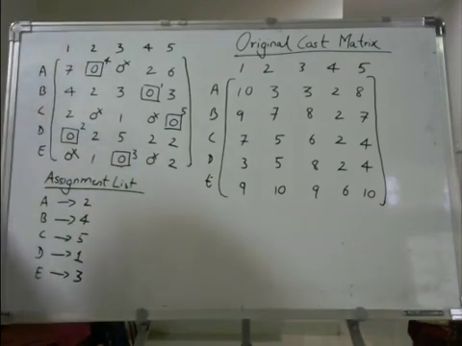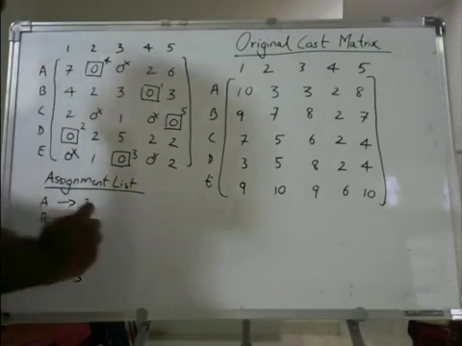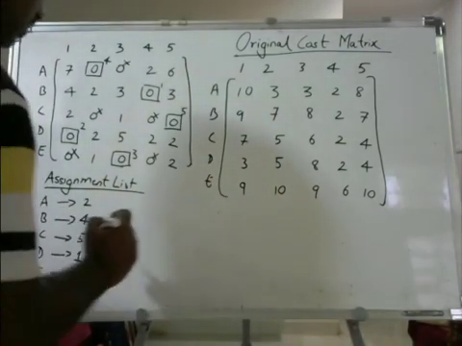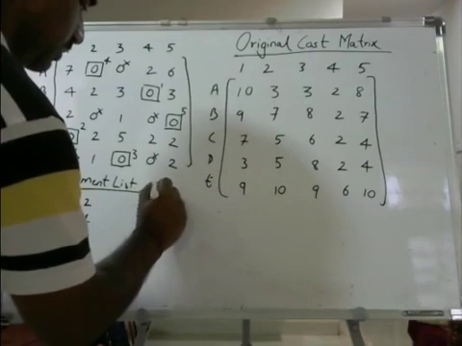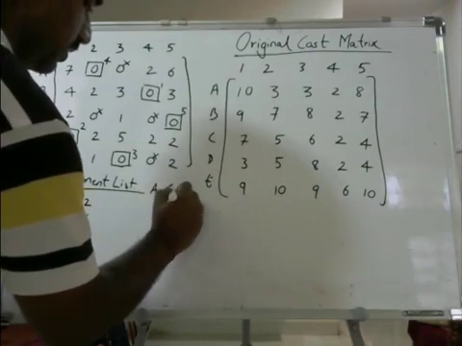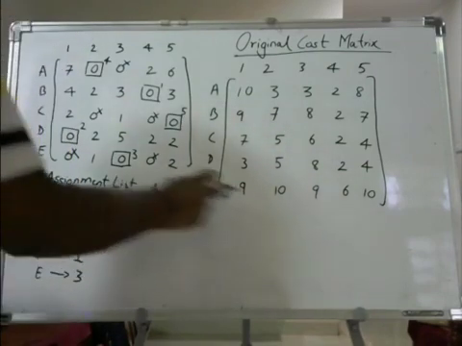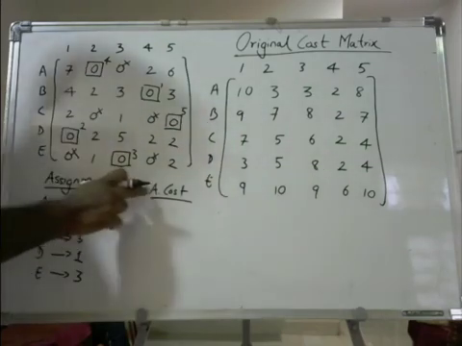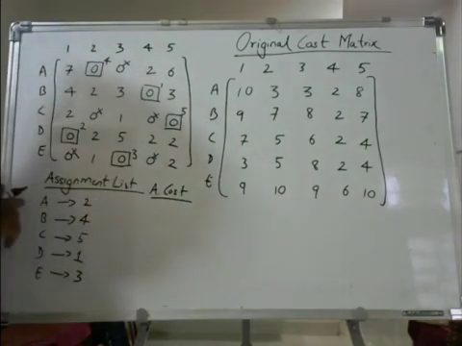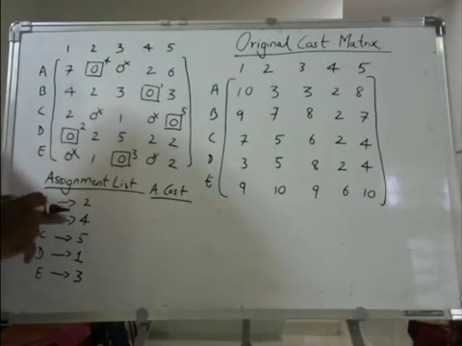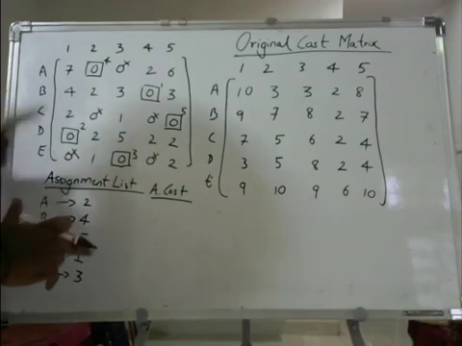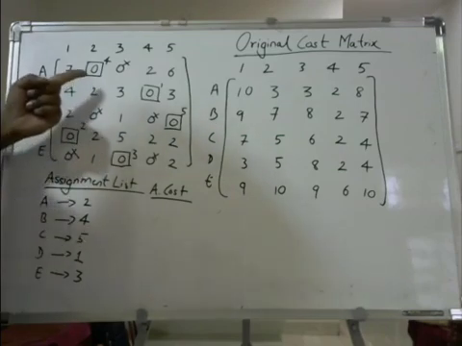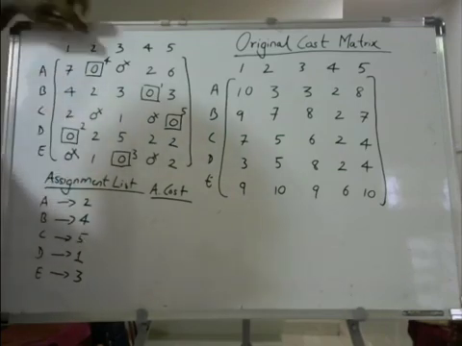Now the second thing they have asked you is to find the assignment cost. I will just write assignment cost, since there is no space here. So for A, the cost of assignment is, A has been assigned the second job.